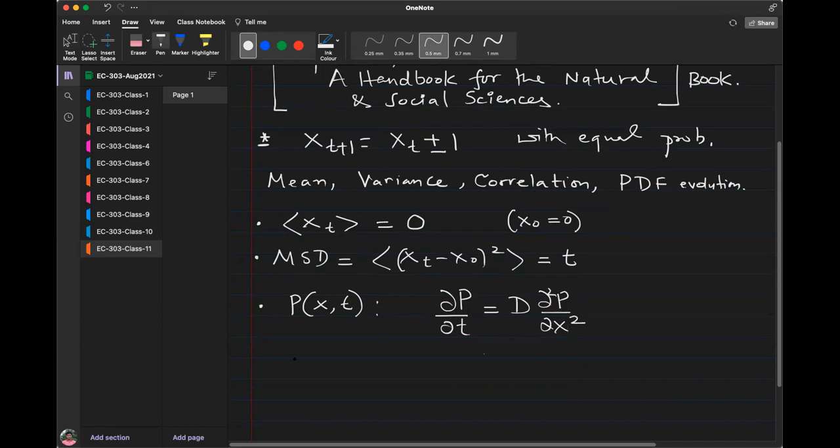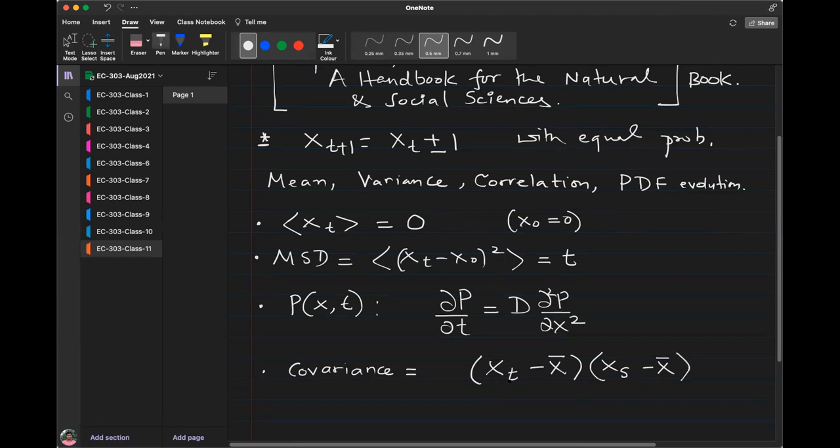Now, if I remember correctly, we never really spoke about correlations for a basic random walk. So let me first define a quantity called covariance. Covariance is defined as the following. You take the location of the individual at time t and you subtract the mean location, and you take the location at another time s and you subtract the mean.